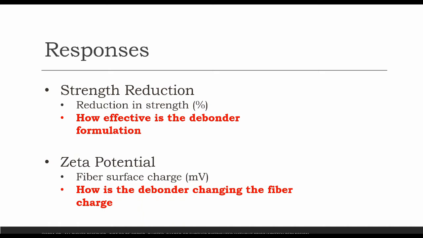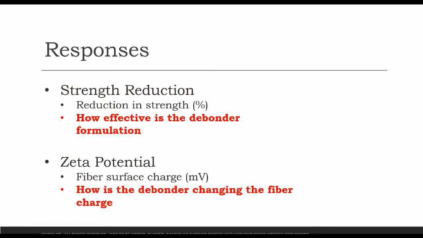And when we're adding a positively charged chemistry to our system, what we're hoping to see, if that chemistry is adsorbing to the fiber, if it's going to the fiber, is a change in the fiber surface charge, and we can quantify what that change looks like. And that will tell us, is our chemistry effectively adsorbing to the fiber? Is it going to the fiber, or is it staying in the water?